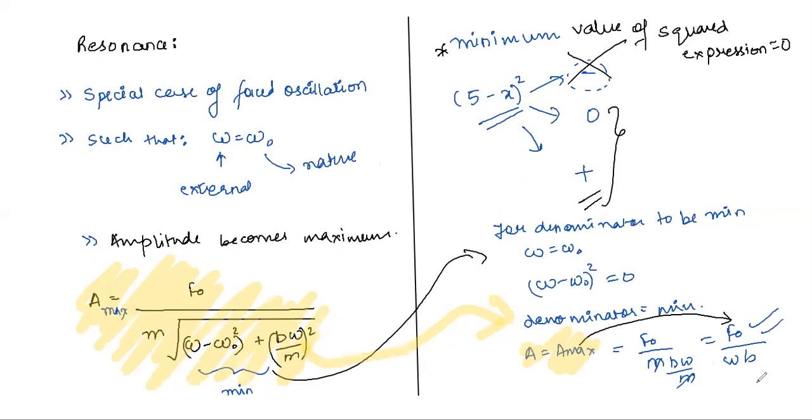Have a look. The question is from JEE 2013. The question says the amplitude of a damped oscillator decreases to 0.9 times its original magnitude in 5 seconds.